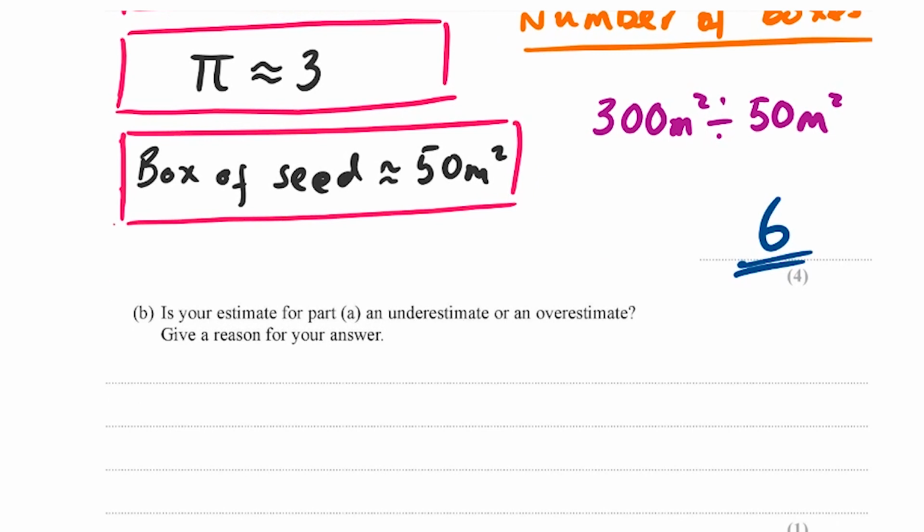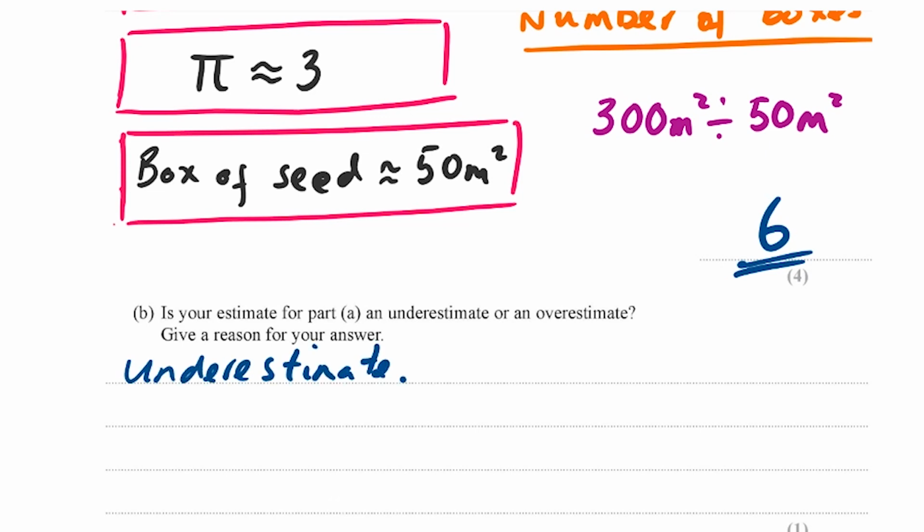But in addition to that, we said that each box of grass seed does 50 square meters, where in fact each box of grass seed doesn't do quite that much. So we're going to need more boxes of seed because our garden is bigger, and actually each box of seed covers less area than we used in calculating ours.